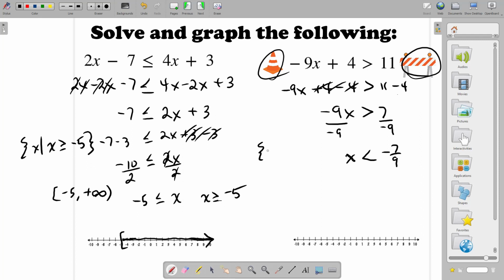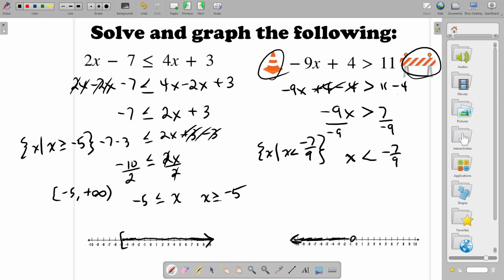Set builder notation, set of all x such that x is less than negative 7/9. If we graph this, we have an open circle at negative 7/9, which is not quite at 1. And this time we have everything to the left.